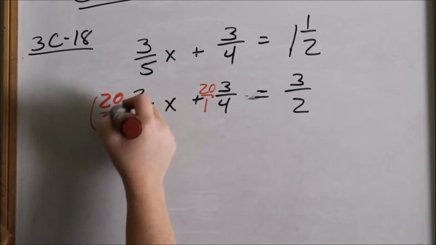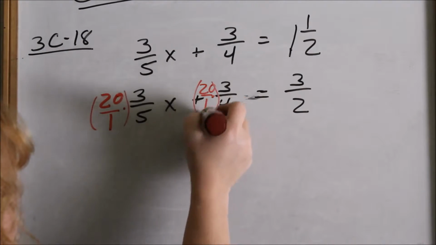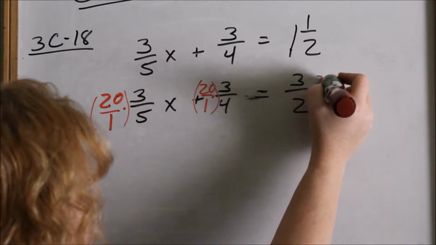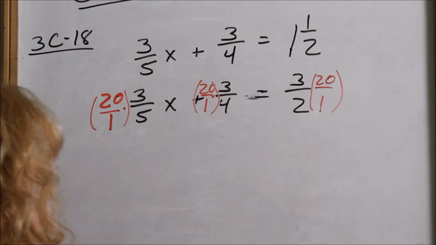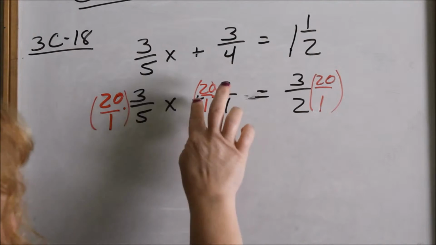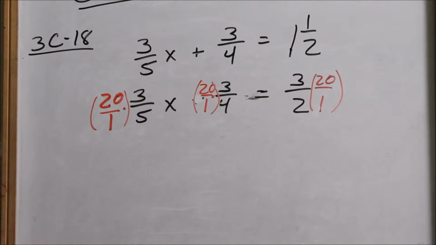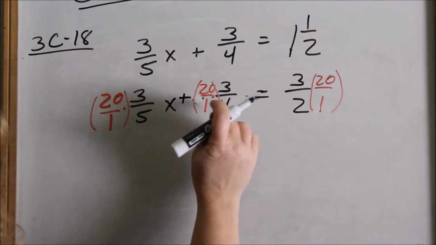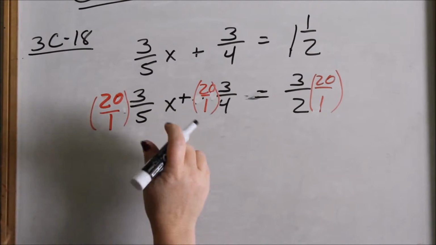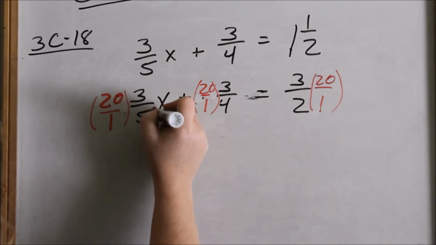I'm going to use parentheses to show multiplication times 20 over 1. Parentheses shows multiplication. Plus, and this is my variable x.